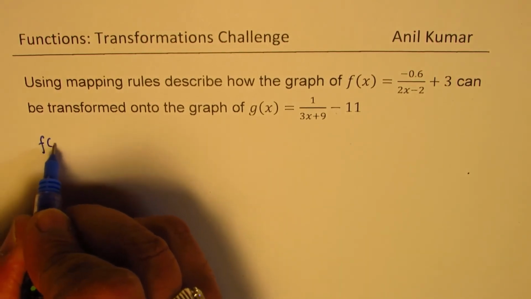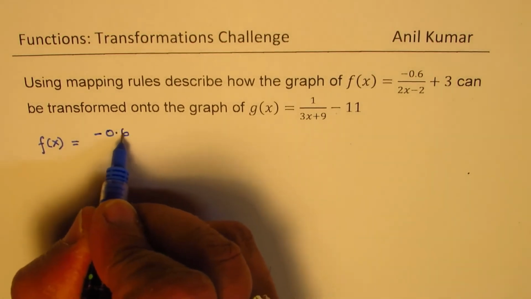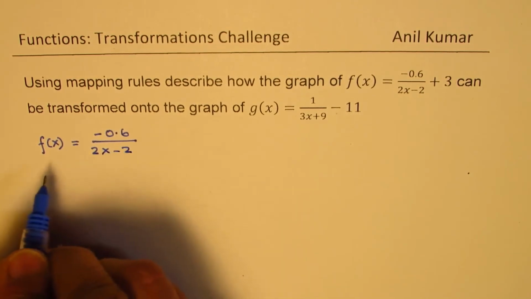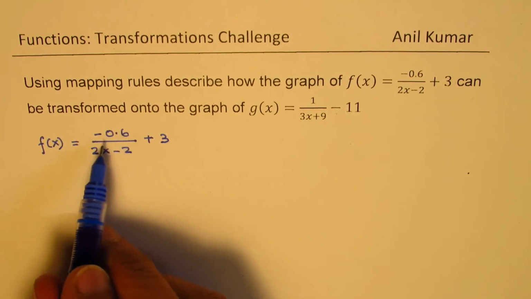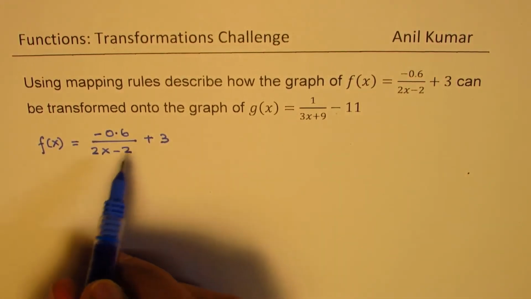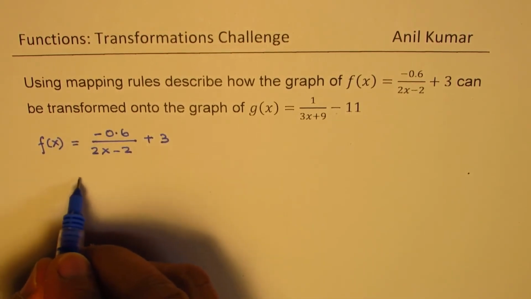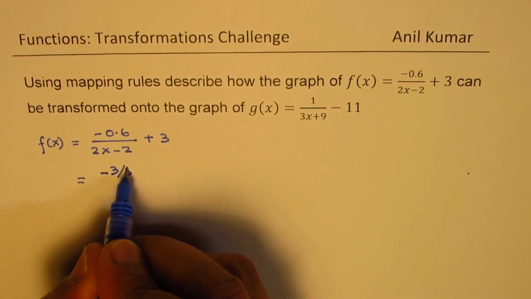We are given two functions, f of x equal to minus 0.6 divided by 2x minus 2 plus 3. Now, minus 0.6 can be written as 6 over 10, which is 3 over 5, right? So you could write this as minus 3 over 5.